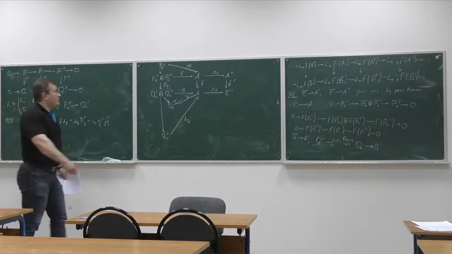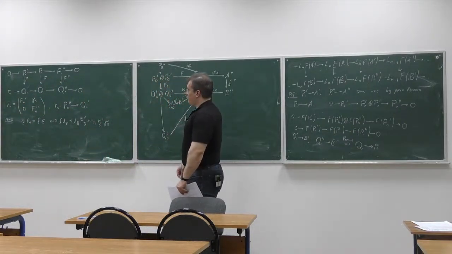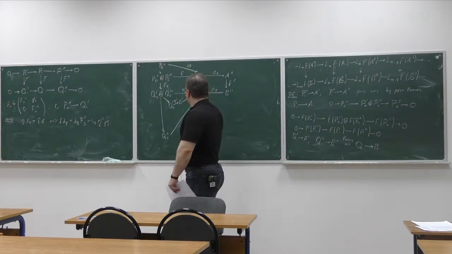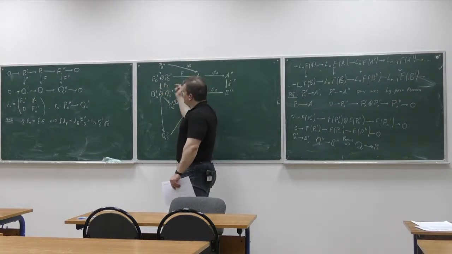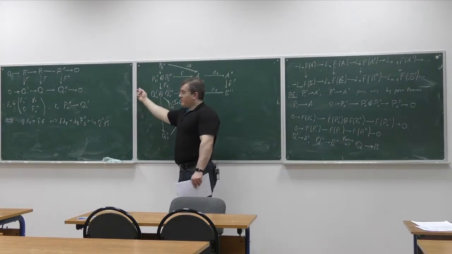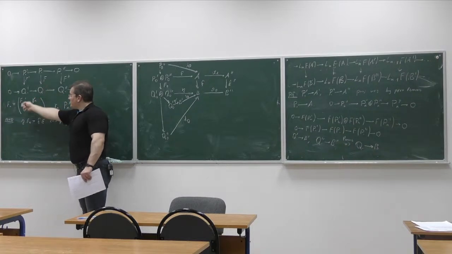Right, so the lift of the map. So we have a map here. So these are the corresponding resolutions, and I can lift this map uniquely up to homotopy to these resolutions. So I'm claiming that it's not just any lift, that there is a lift of this specific form.